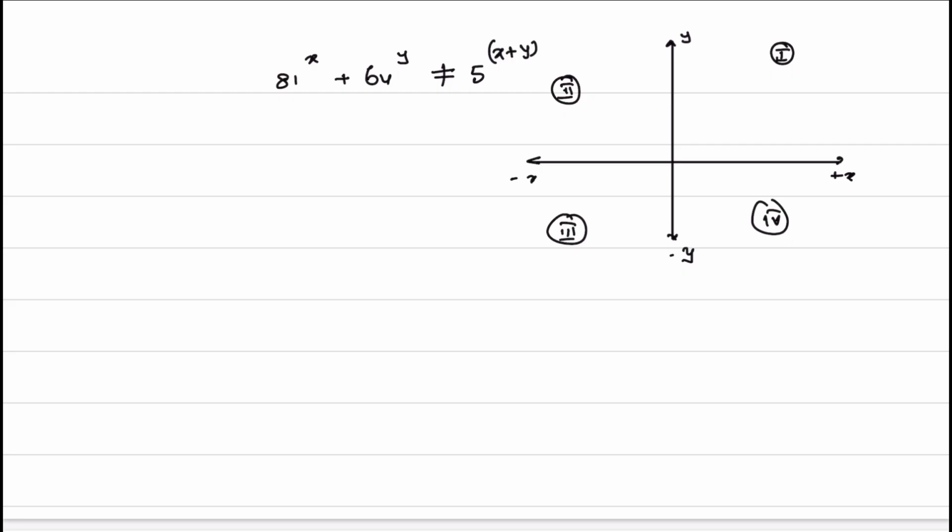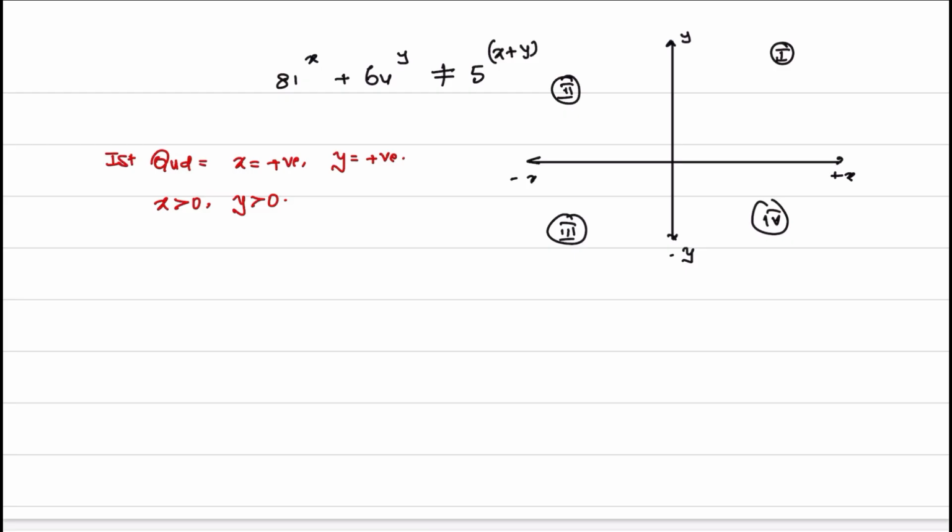If it has to pass through the first quadrant, a curve can take any shape depending upon the equation. What is the first quadrant? x is positive, y is positive. That means x is greater than 0, y is greater than 0.